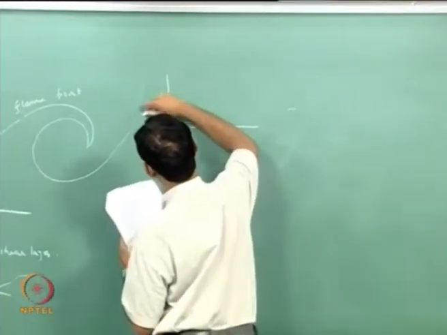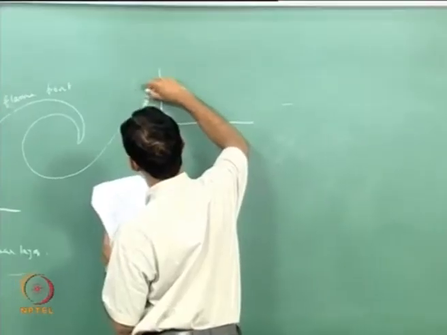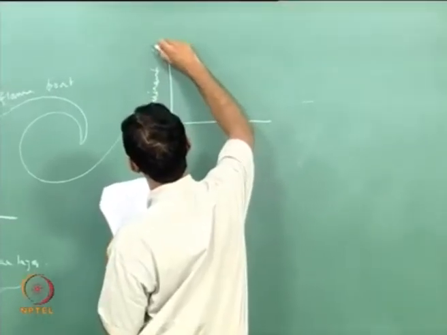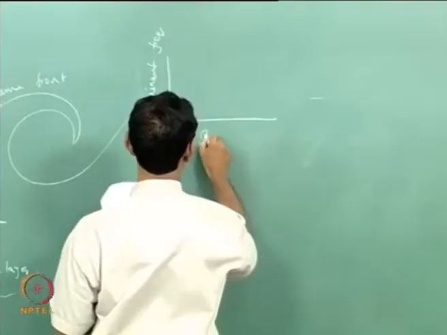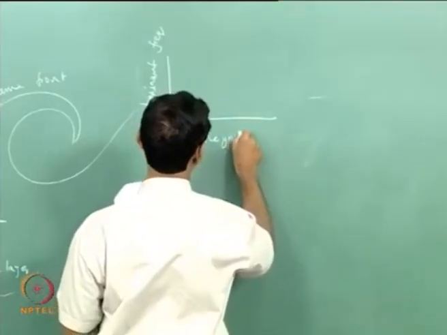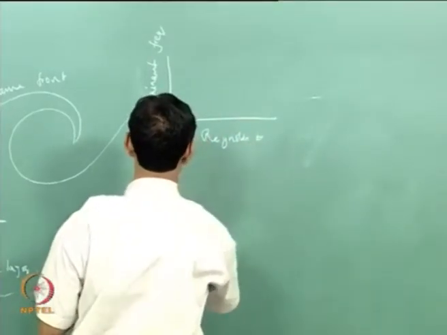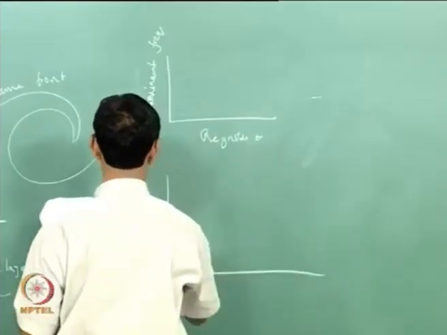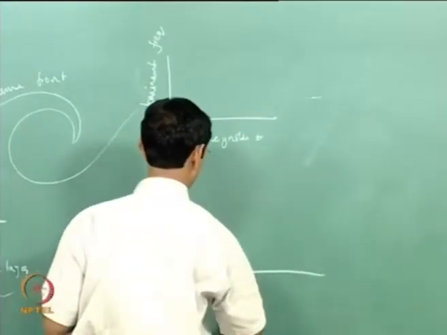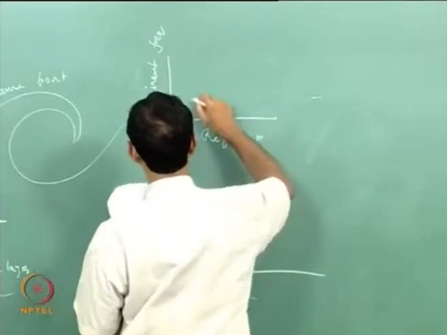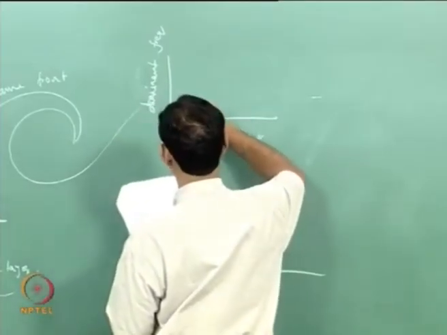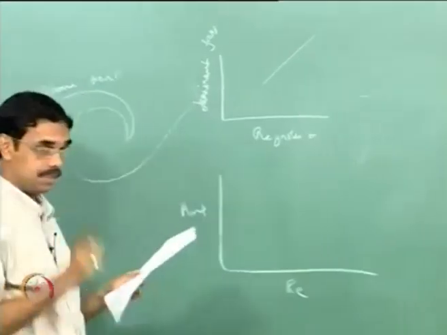So we will plot dominant frequency versus Reynolds number and amplitude versus Reynolds number. And typically the vortex shedding frequency would go like this.